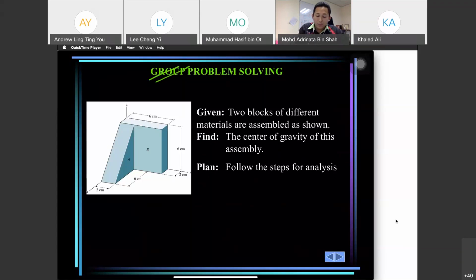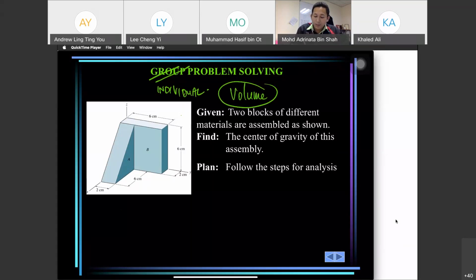No need for group, individual is fine. It is very easy. Two blocks. So what we have here? We have volume. When we have volume, we have x, y, and z.